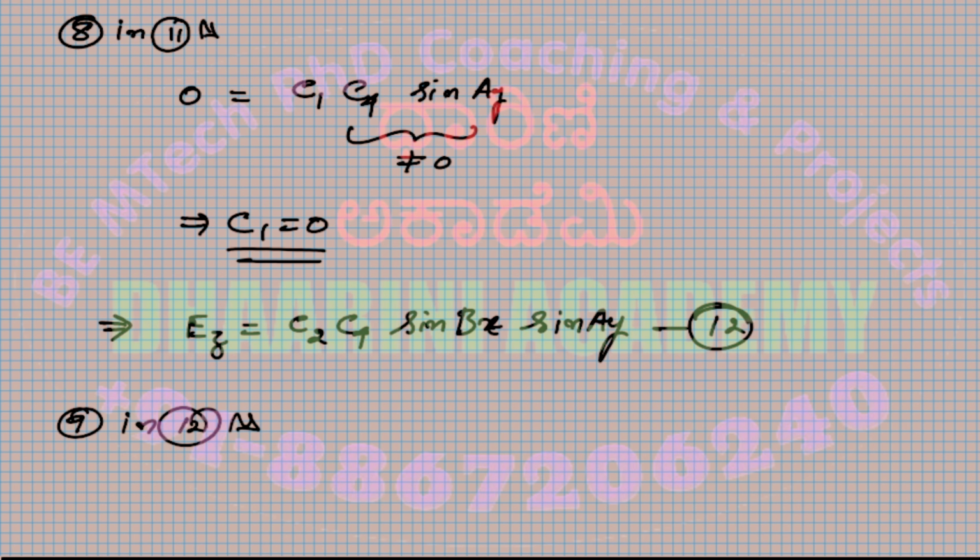So applying the third boundary condition, I have a left side Ez that is equal to 0 should be equal to what? What is the condition that you are applying? Top wall, I guess, right? Third condition.